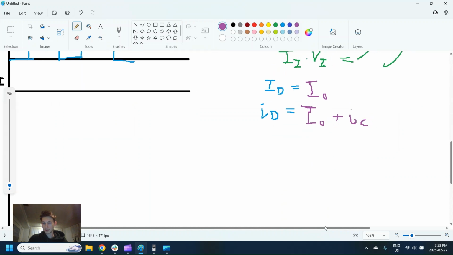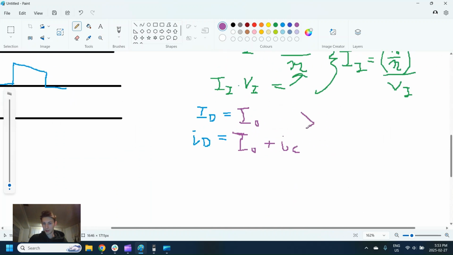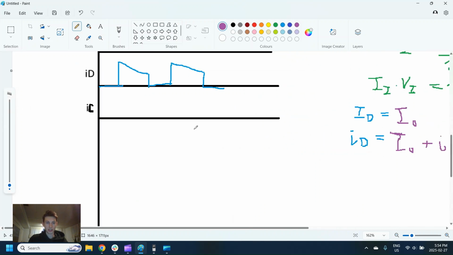And from this, we can see pretty obviously, hopefully, that the current in the capacitor at any instantaneous moment is just going to be the current in the diode minus the current at the output. This is a constant value. And we know the shape of this. So we actually have all the information here.